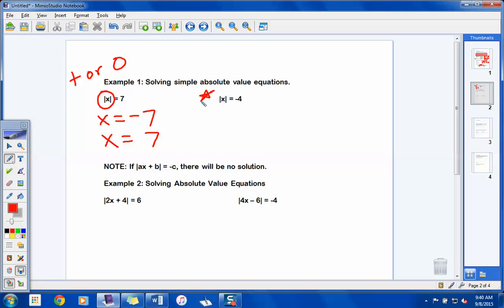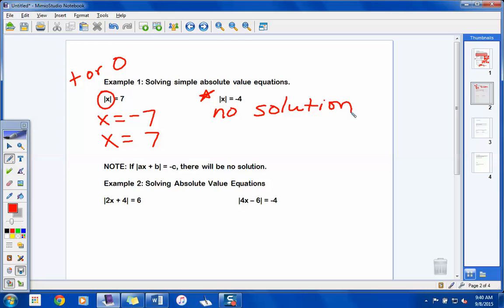On the left side, you're going to take the absolute value of some number, and all of a sudden it's going to be a negative value. Is that even possible? No, because all absolute values are either positive or zero, there's no such number that I could substitute in here to be negative. So right here you have to say no solution.